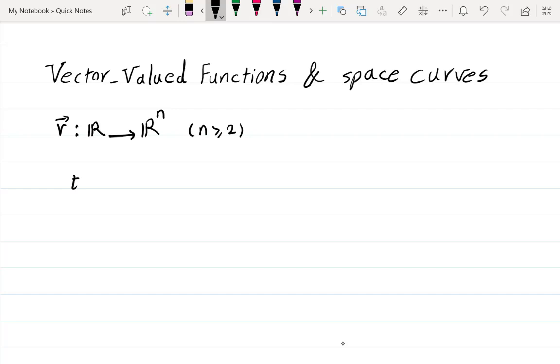Each t as a member of the domain is imaged to a position vector which is formed by n components like r sub 1 of t, r sub 2 of t, and r sub n of t. Each component is a real valued function or a scalar function, which is called a component function.